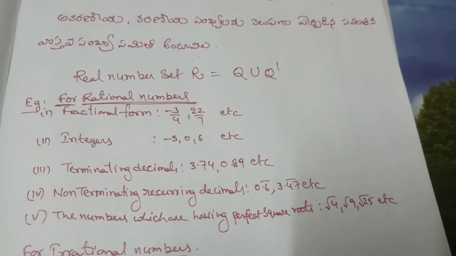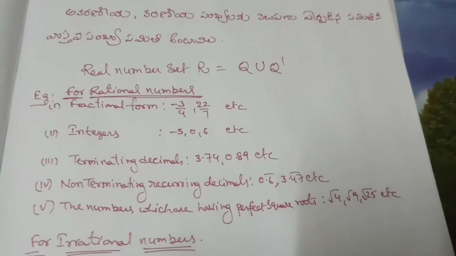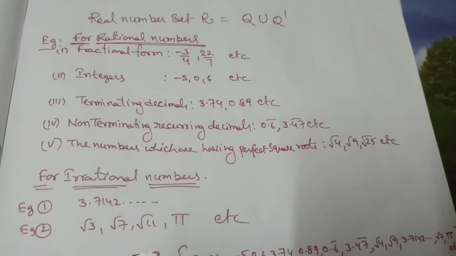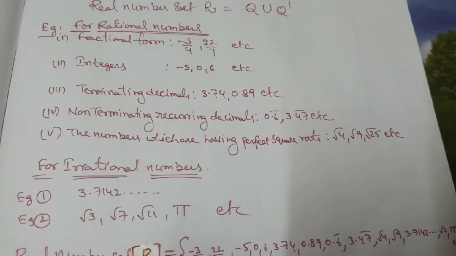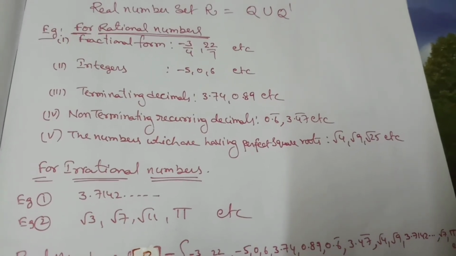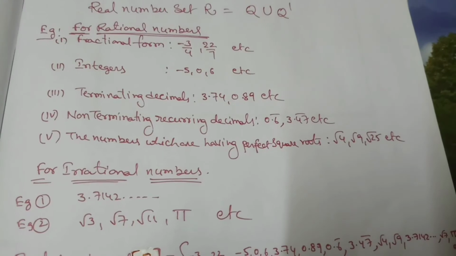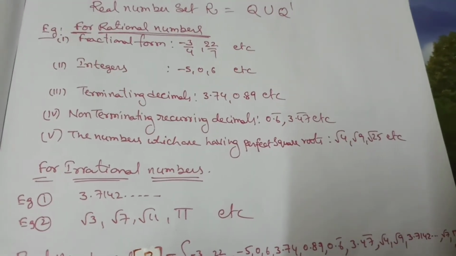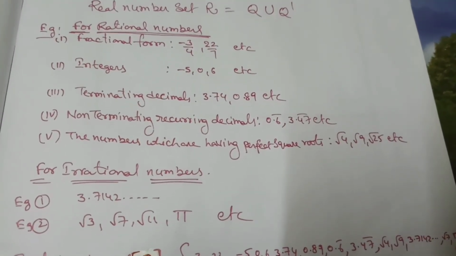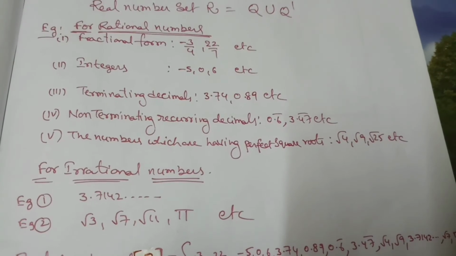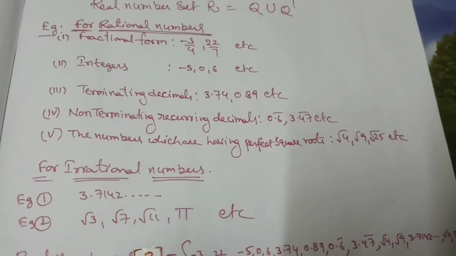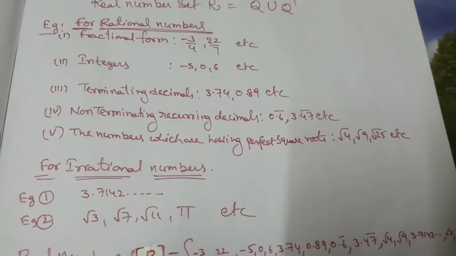For that, I wrote some examples. After that, for irrational numbers, I wrote some examples: 3.742 and so on, root 3, root 7, root 11, pi, and so on. Non-terminating, non-repeating decimals which do not have a perfect value.